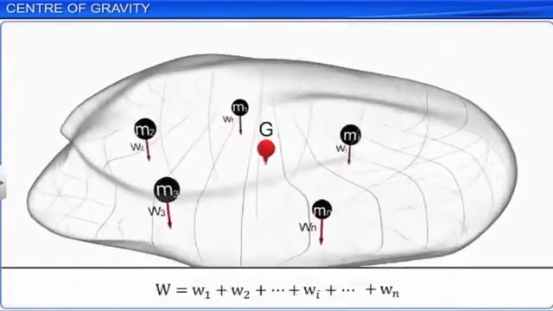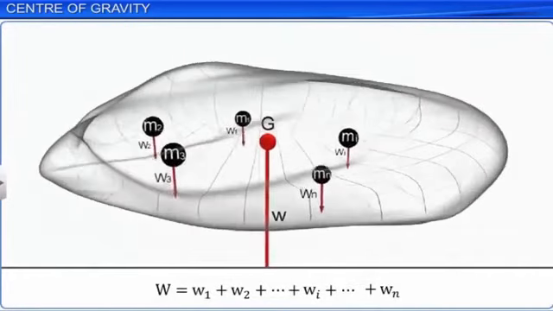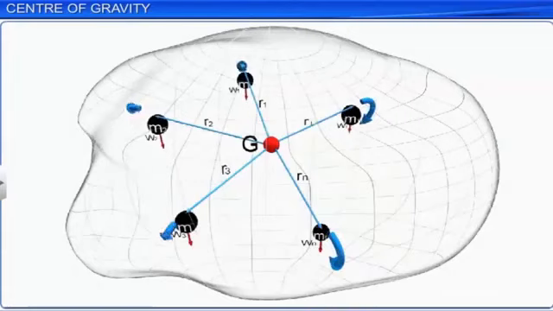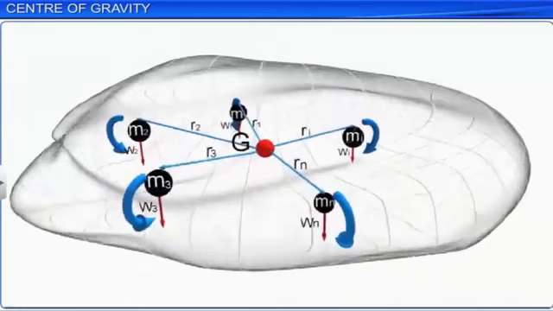When torque is calculated about the center of gravity, weights of some mass elements produce clockwise torque and others produce anti-clockwise torque, making the net turning effect 0. Hence, the weight of a rigid body can't produce any net torque about its center of gravity.